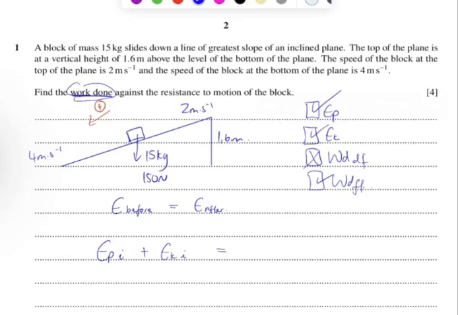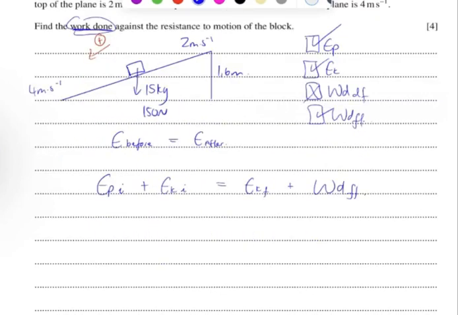The potential energy is going to be completely depleted, but there is some final kinetic energy, and all the rest of the energy needs to go to overcoming friction. So here we've got mgh plus half mv squared, and I'm going to leave this as work done because they're asking for work done, not the frictional force or the length or anything.